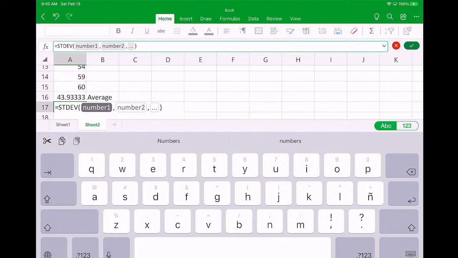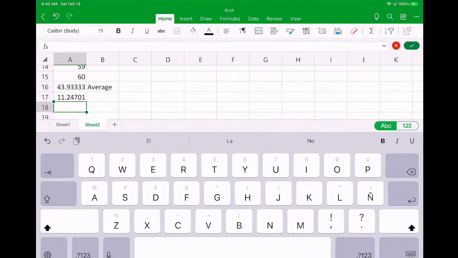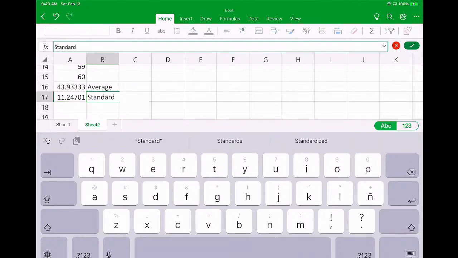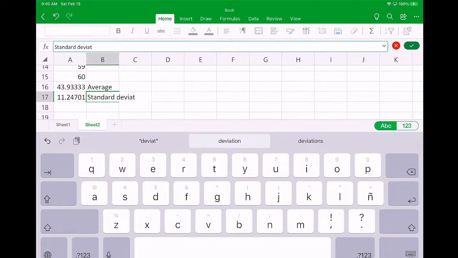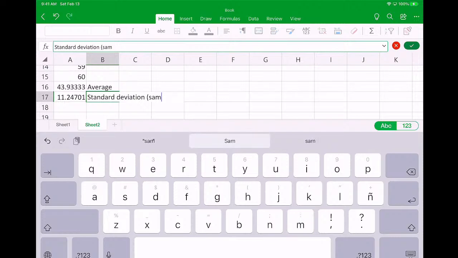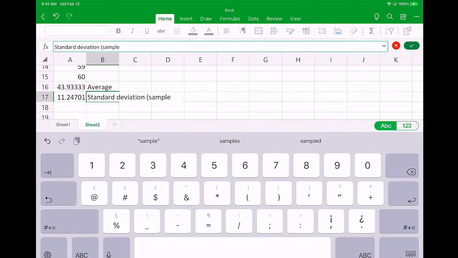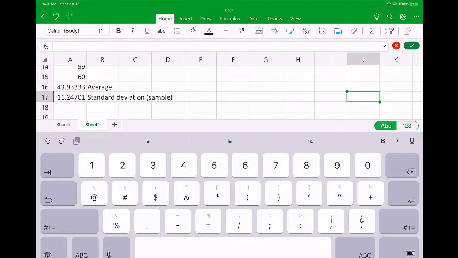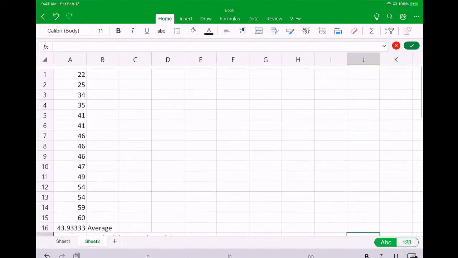Let's see if they give you the same number. Okay, that looks fine. So that's the standard deviation. And you see I'll be dropping off saying sample, but I'll put it right here just to remind you that that's for the sample.